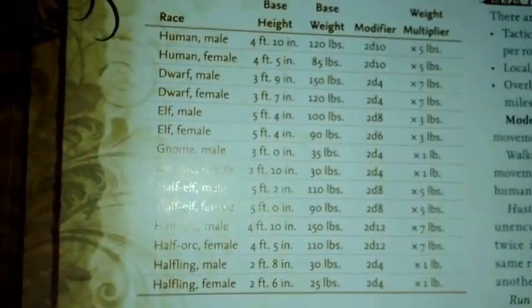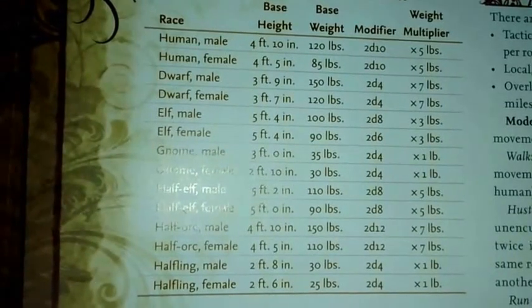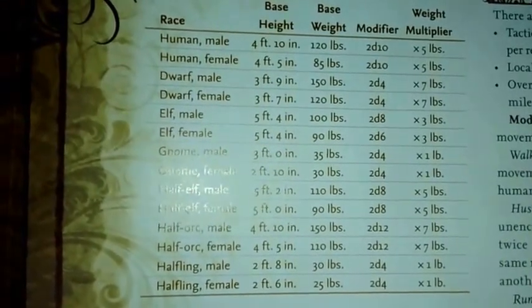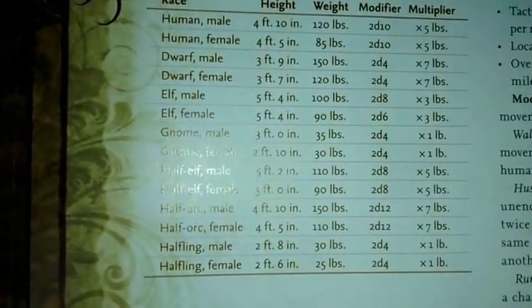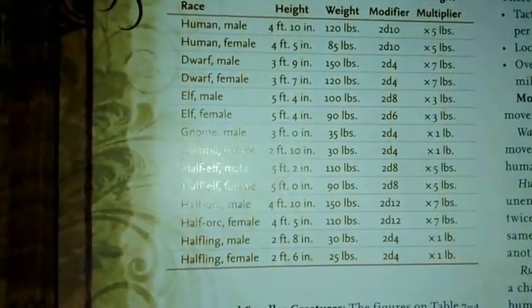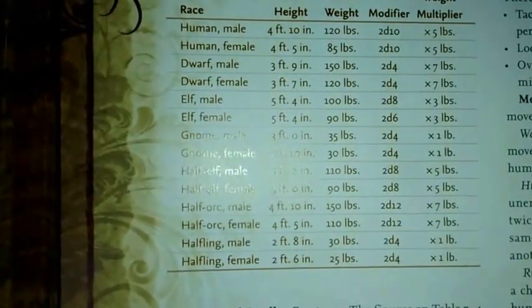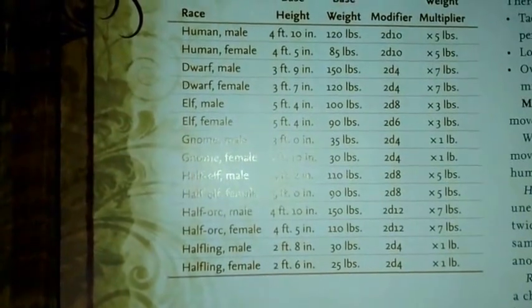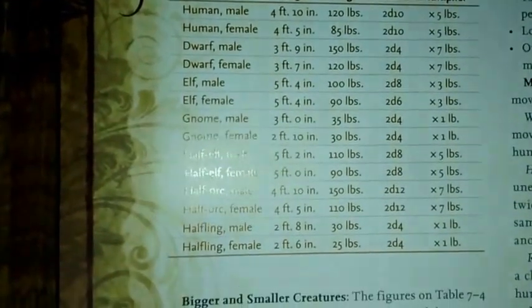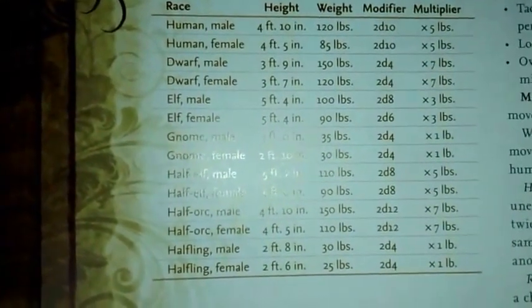So the modifier is for if you want to randomize your height. If you want to randomize a male dwarf's height, you would have 3 feet 9 inches tall, and then you would roll 2d4 and add that in inches to your height. Then you would multiply that score by 7 and add that to 150 pounds.